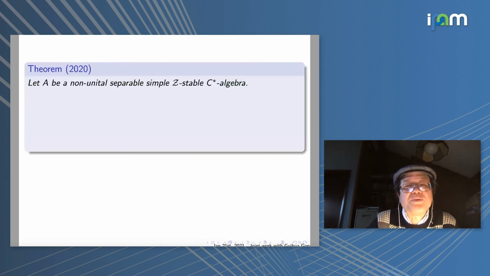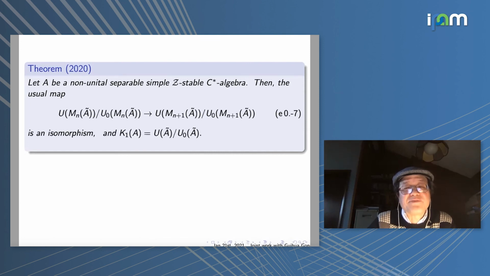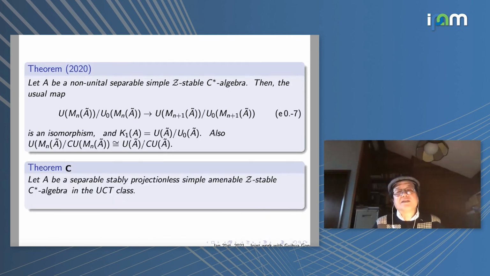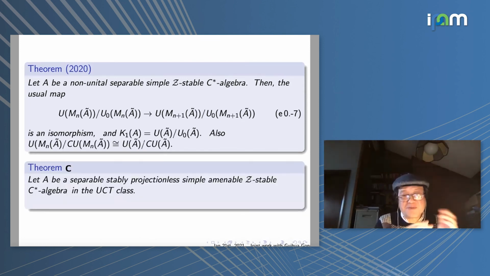And also, what I want to mention is that if it's a unital separable simple Z-stable algebra, it has stable rank 1. We don't know in general that's true for non-separable ones. Nevertheless, we have these things you expect to be true. And then there is a reduction theorem.